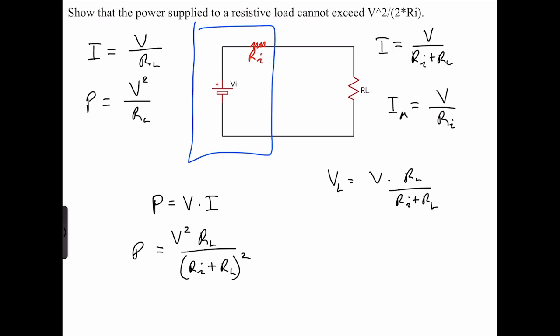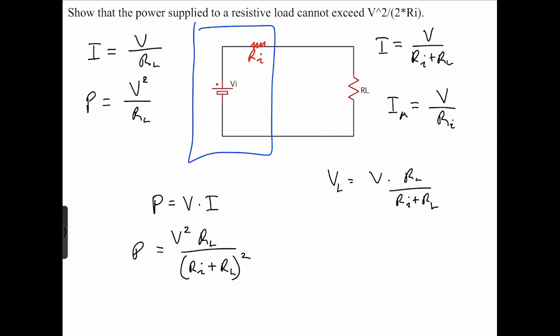Remember that when the load resistance goes to 0, we see an increase in current: less resistance, more current flow. Well, we can find RL for which the power is maximized.